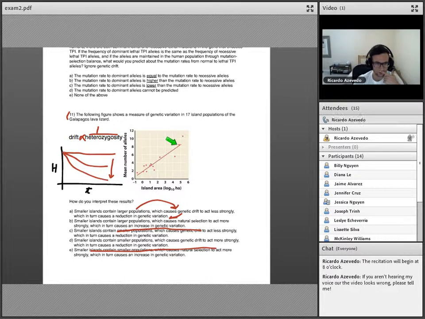So smaller islands should have lower heterozygosity. In A and B, we have a small island with large populations, so that can't be the case, because a large population would mean a lower heterozygosity. D says small islands contain small populations, which causes genetic drift to act more strongly. Smaller populations, more drift, which in turn causes a reduction in genetic variation. So D is the correct answer. Any questions about question 11?